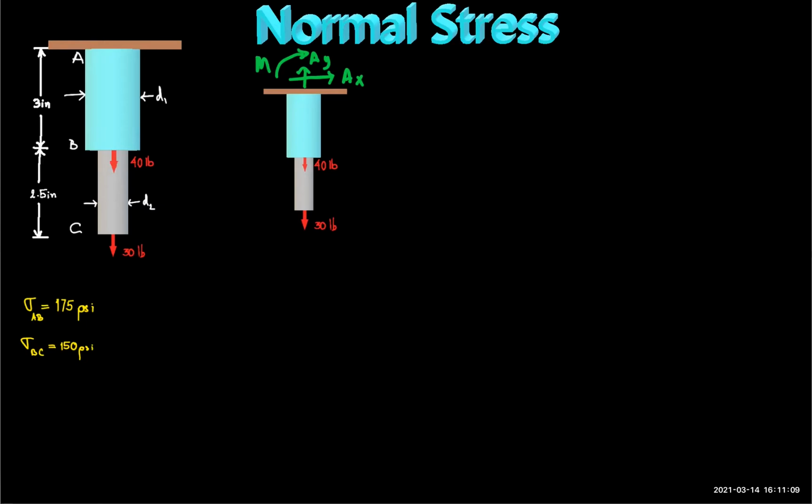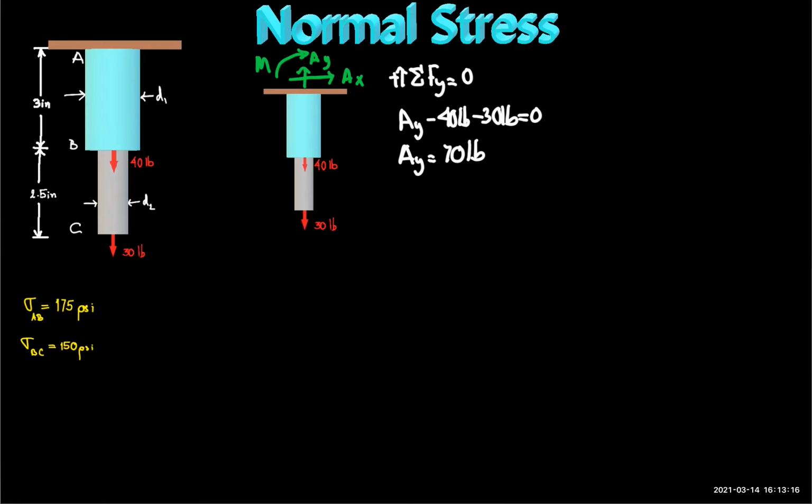Since in this case we're interested in finding the axial load, we will sum all the forces along the y direction. Once we sum all the forces, we obtain that A sub y is equal to 70 pounds going up.